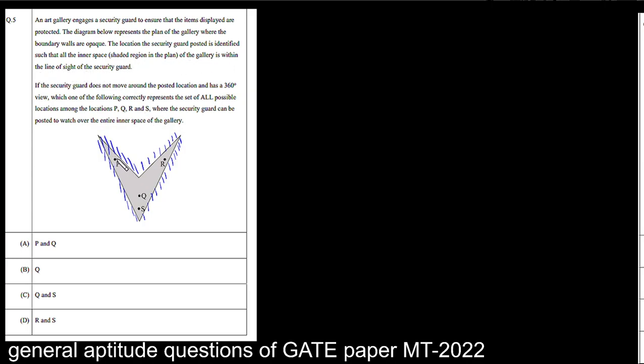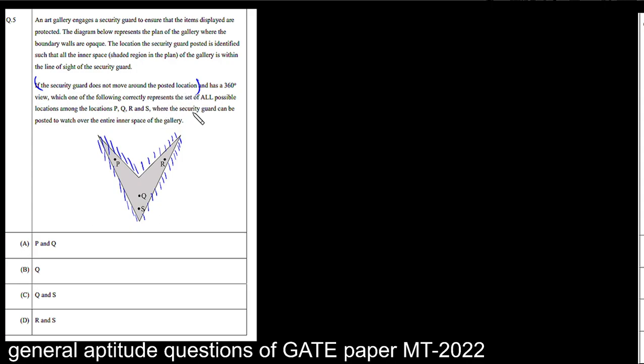Okay, now here we are given 4 points, this P, Q, R and S. Now here we have to select those points from these 4 points in such a way that if we put our security guard at that particular point, then our security guard must be able to see the whole gallery. So now here a further condition is given: the security guard does not move around the posted location. Okay, so now here this statement says that wherever we put our security guard, he does not move from the posted location.